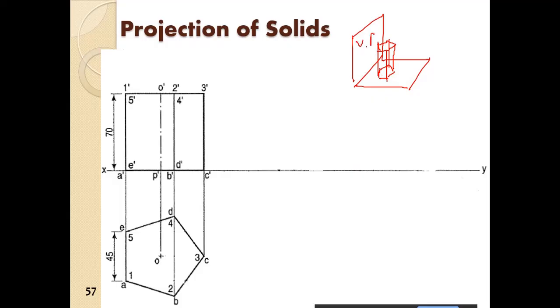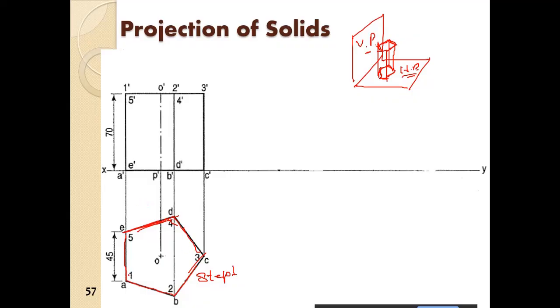So this is VP and this is HP. Okay, so we draw the edge of the prism, so we get the top view. Alright, we get the top view. So we draw the top view first. So this is step 1.